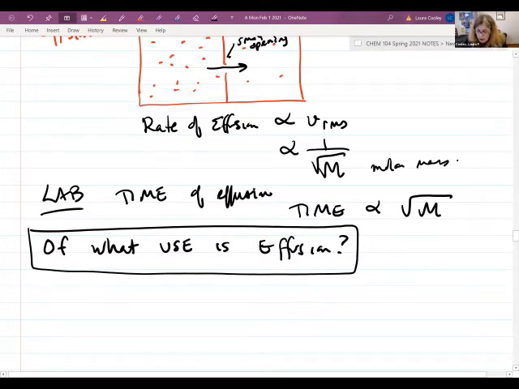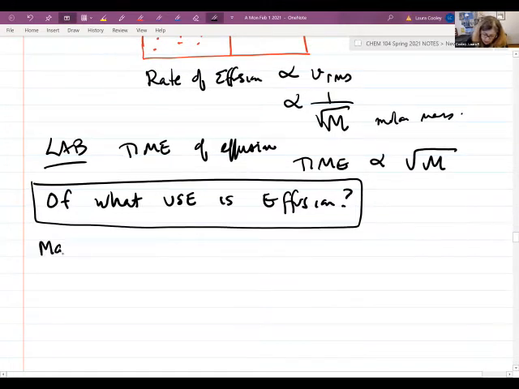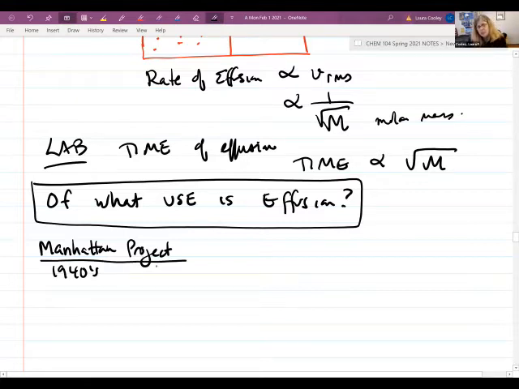This was the way that uranium was enriched. Maybe you've heard of the Manhattan Project. That was in the 1940s during the war. This was basically the building of the bomb.